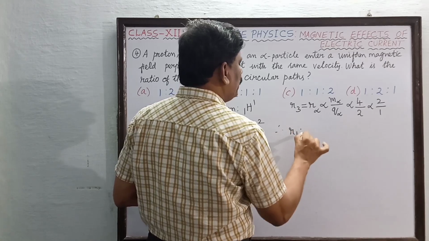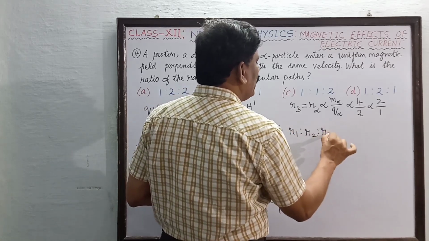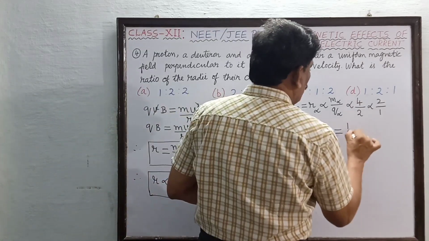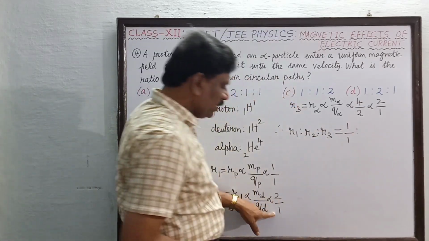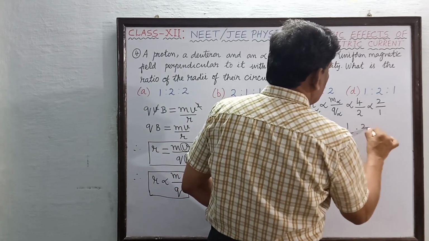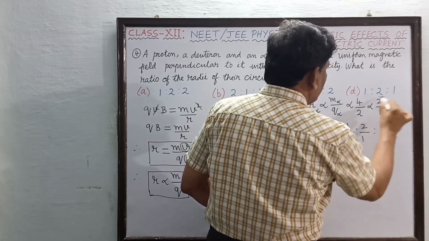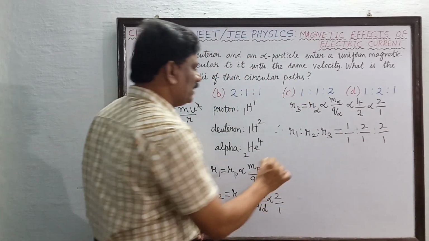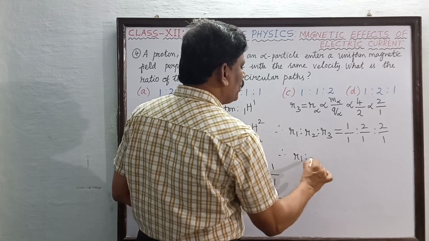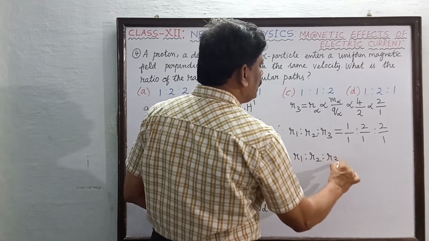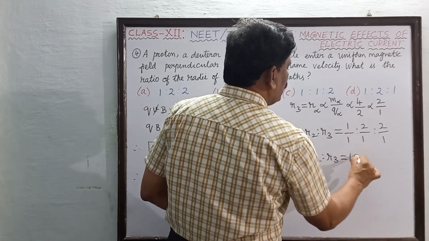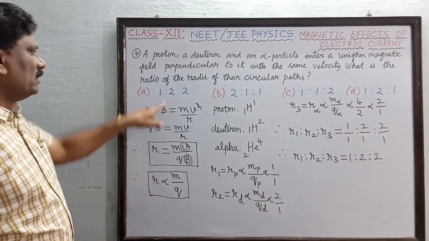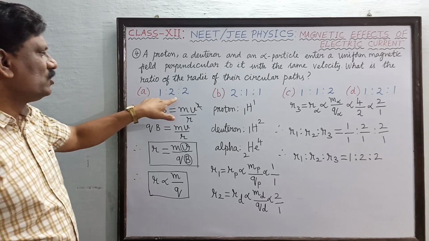Therefore R1 is to R2 is to R3 is 1 by 1 is to 2 by 1 is to 2 by 1. They have the same denominator, so I can also write R1 is to R2 is to R3 is equal to 1 is to 2 is to 2. See here, option A is 1 is to 2 is to 2.